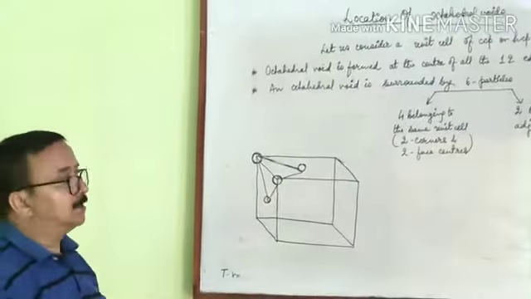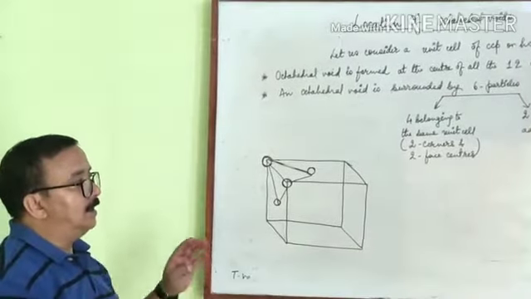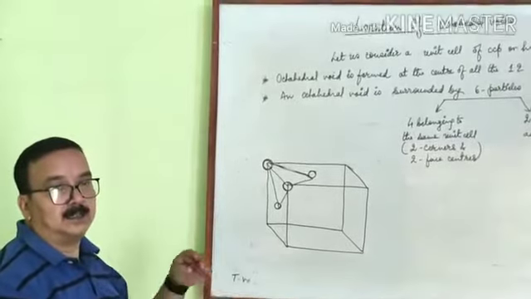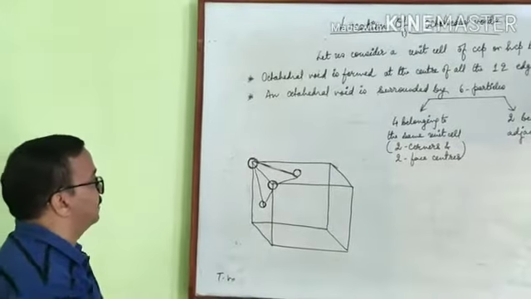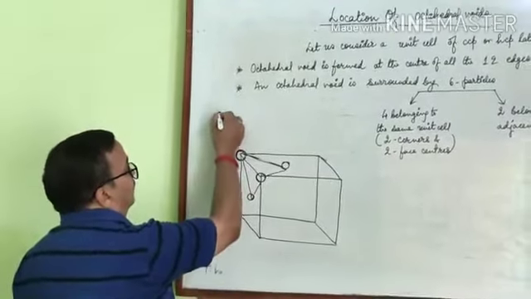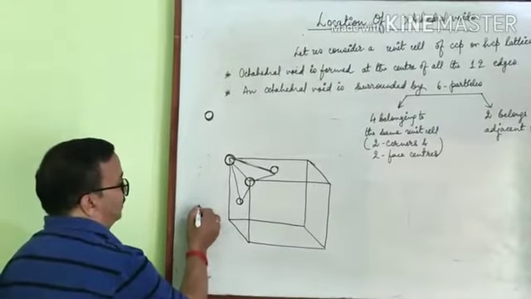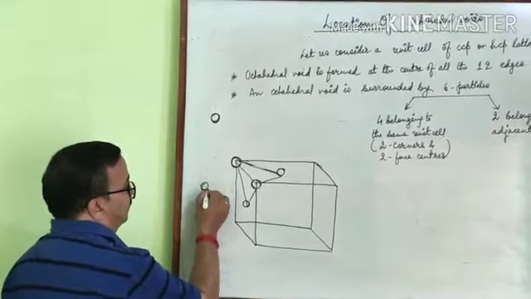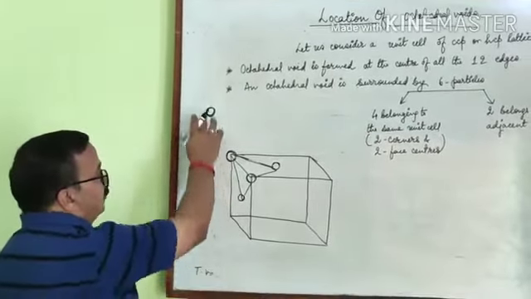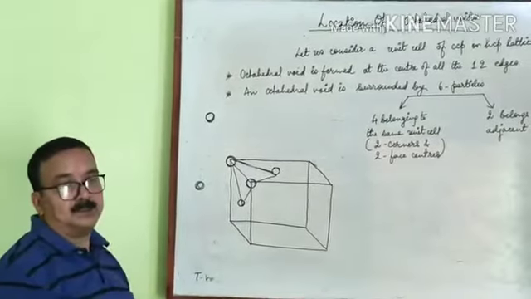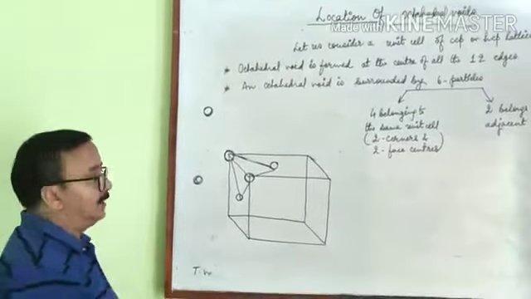two spheres are present adjacent, in the adjacent unit cells. So one sphere is present here, the other one is present here. These two spheres are present in the adjacent unit cells.